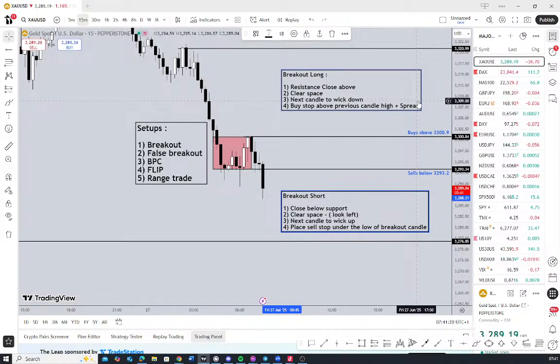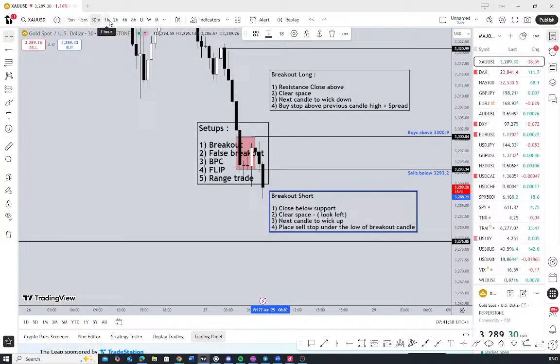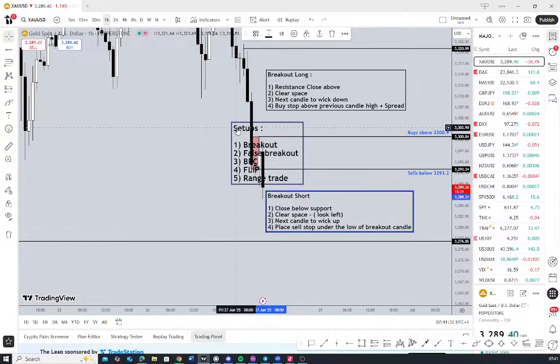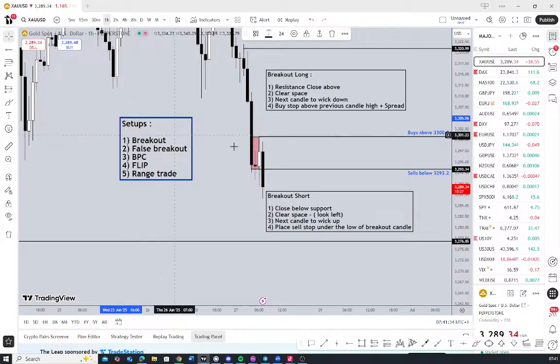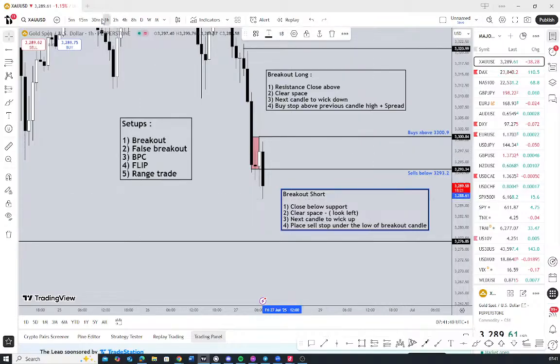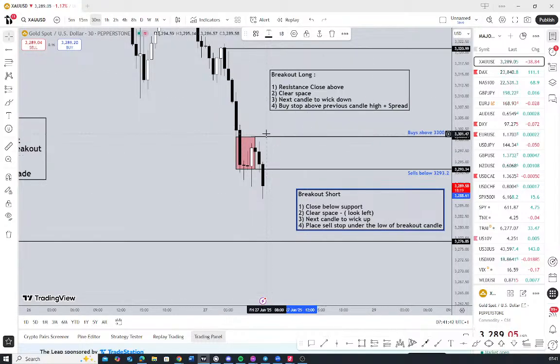Are we waiting for a pullback? Yeah. I'm probably not going to get a trade now, guys, because I have to get my daughter up shortly and ready for school.